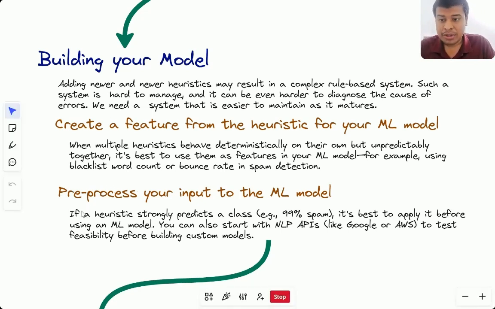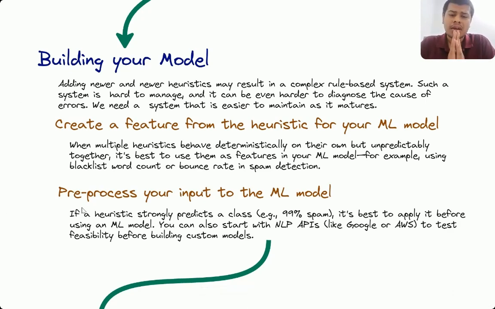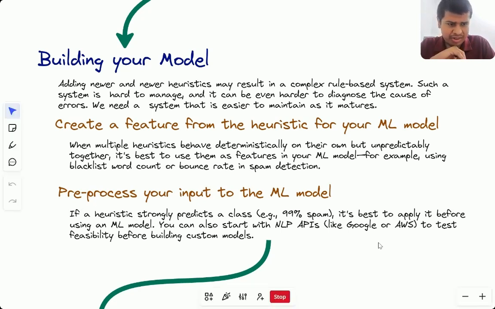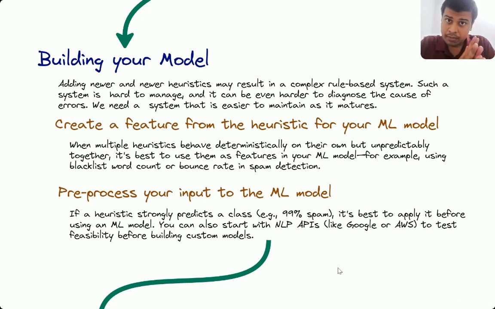And then we have something called pre-processing your input to the ML model. Let's take the same spam detection example. If you have a handcrafted heuristic function, it could be a blacklist word count or your bounce rate.